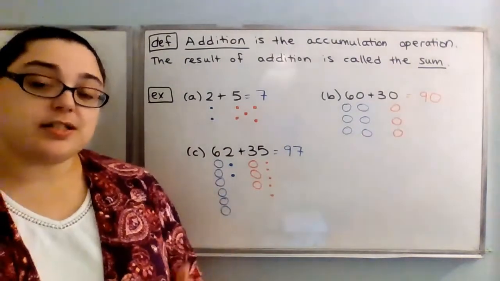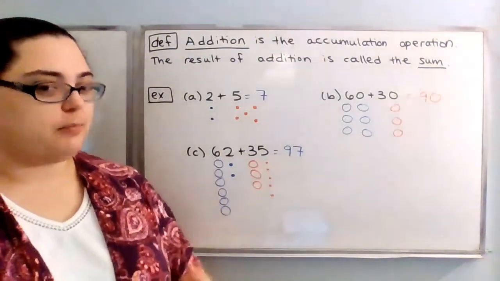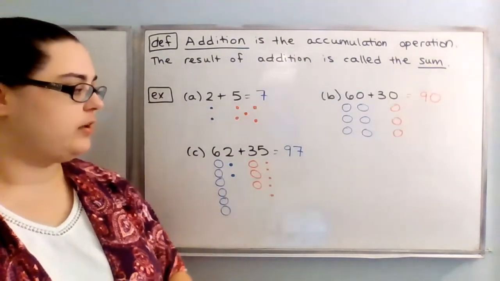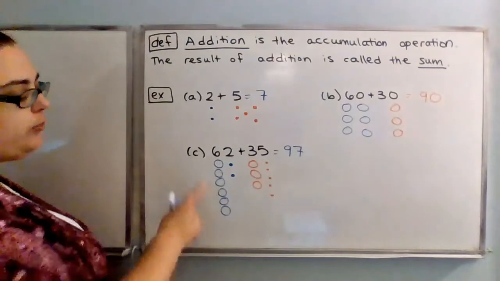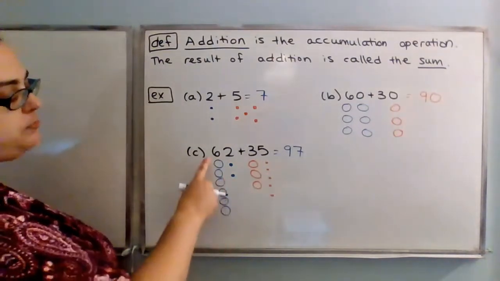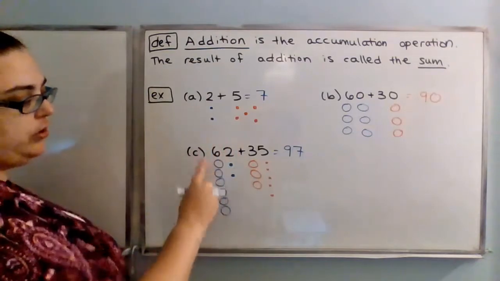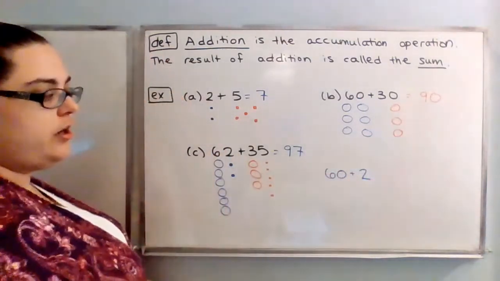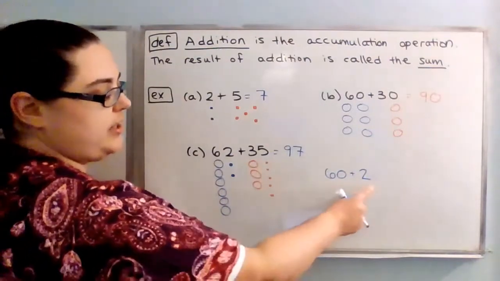What I'm going to do next is break down what this looks like mathematically. How might we write this out with numbers? When we write out the 6 dimes and the 2 dots, we're really separating out 62 into 60 and 2, right? So we have 6 tens and 2 ones.